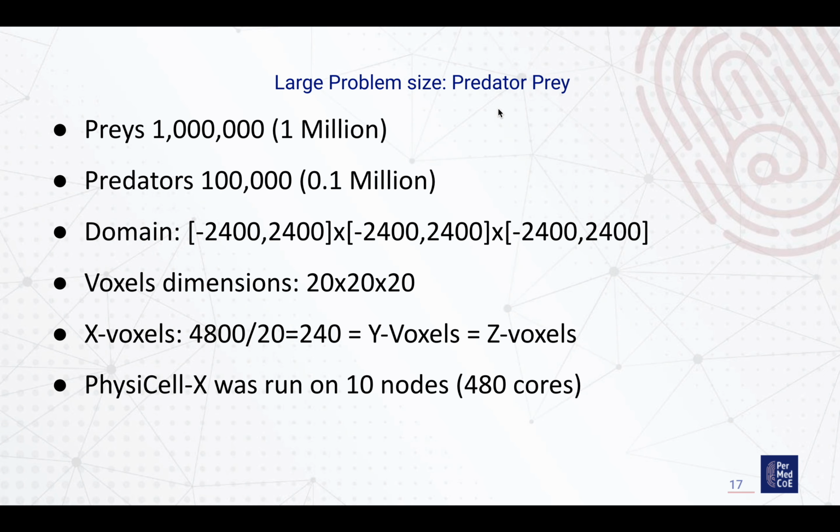Now we can scale up this particular simulation to about 1 million preys, 0.1 million predators, and by increasing the domain size. PhysiCell-X, which is PhysiCell-MPI, was run on 10 nodes or 480 cores. This is the simulation.